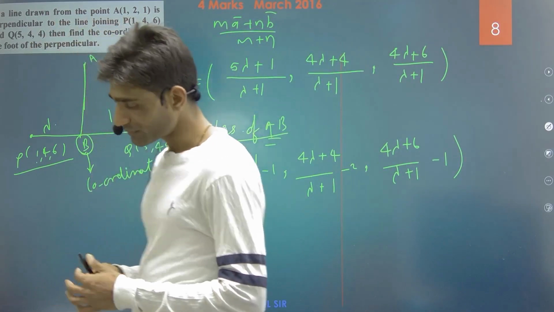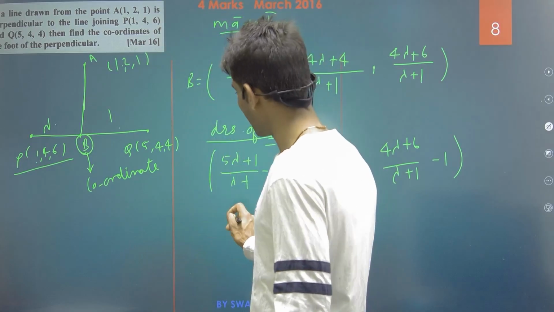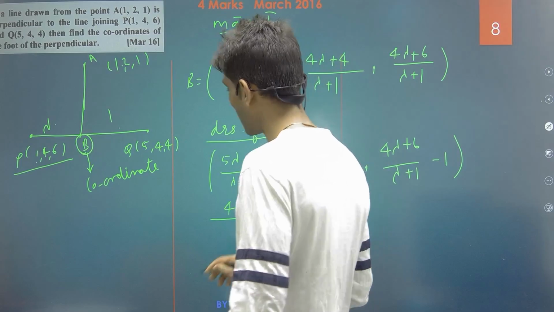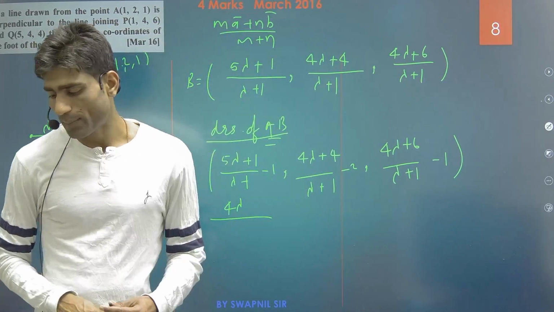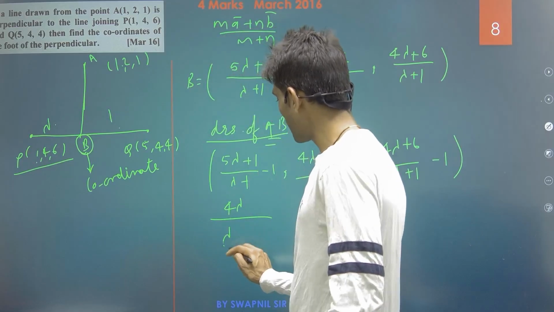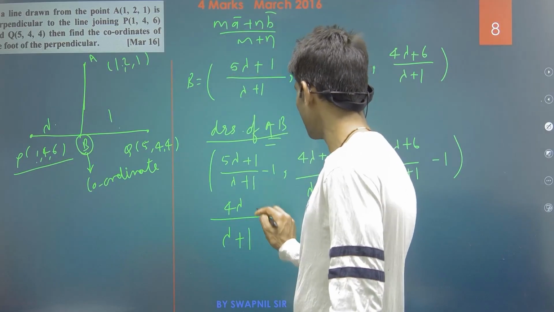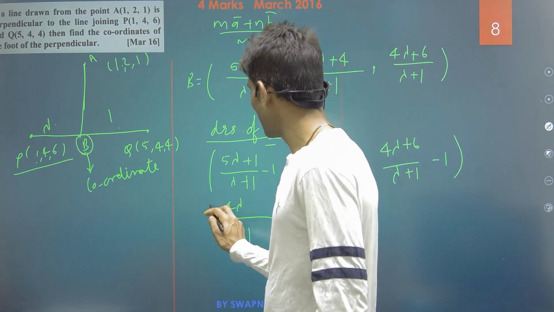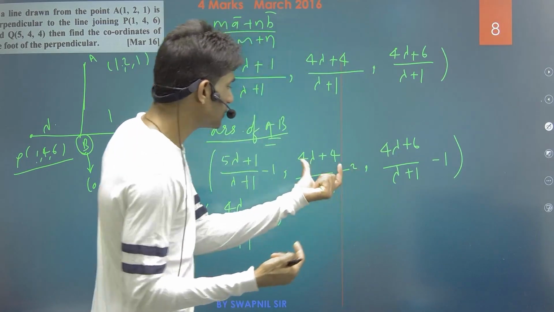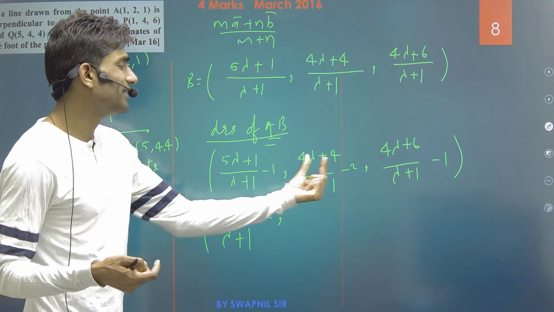After calculation we write 4 lambda upon lambda plus 1. Here the denominator lambda plus 1 we keep as it is. Similarly go for the next calculation, (lambda plus 1) into minus 2, divided by lambda plus 1.